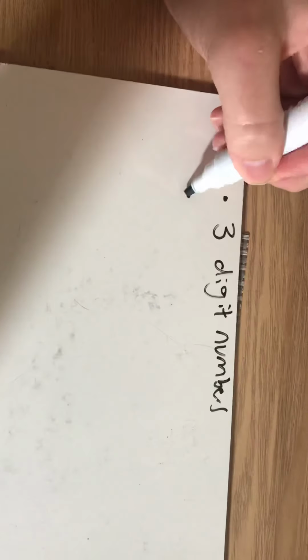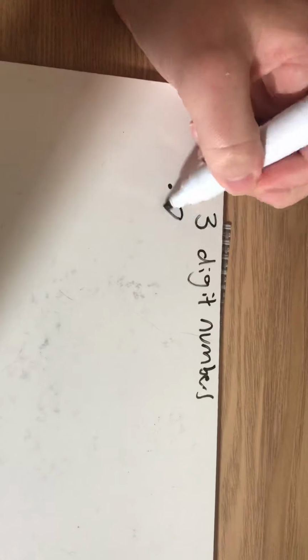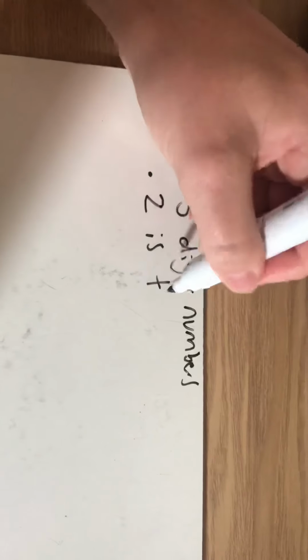So I'm going to jot some important information down. It's going to have to be 3-digit numbers and 2 is their difference.